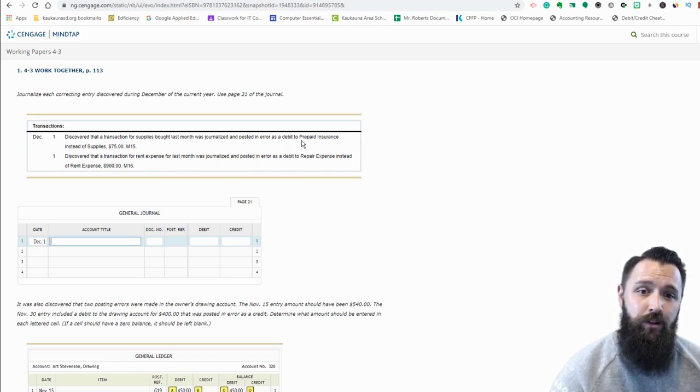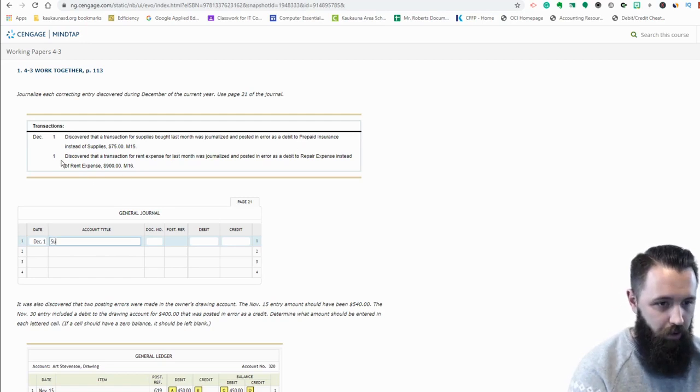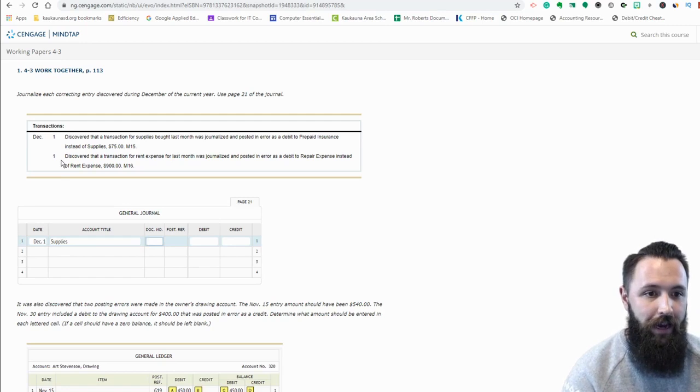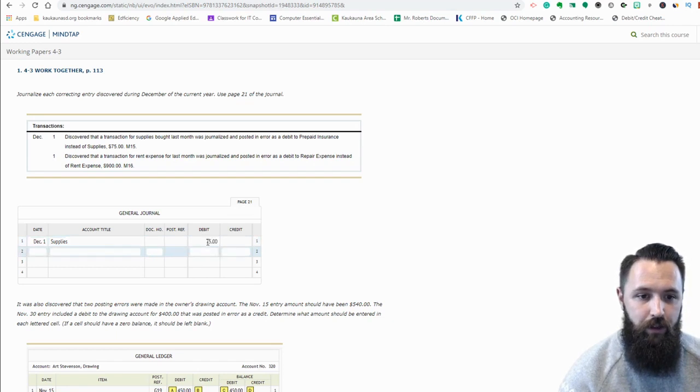I know that prepaid insurance is going to need to be credited. So supplies, though, was actually the account that needed to be debited. So I'll put supplies in here for 75, and it'll be debited because that's what it intended to do, because we bought an asset.